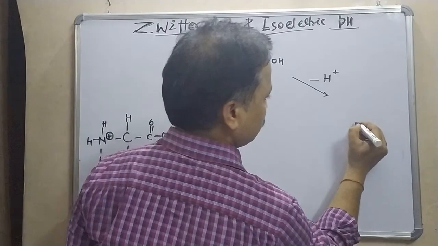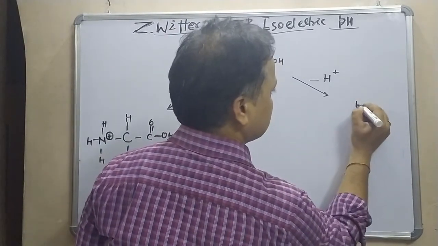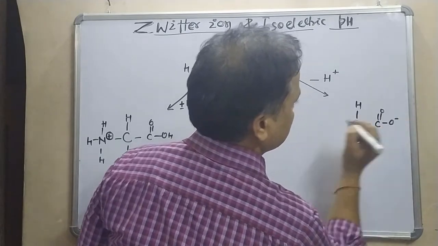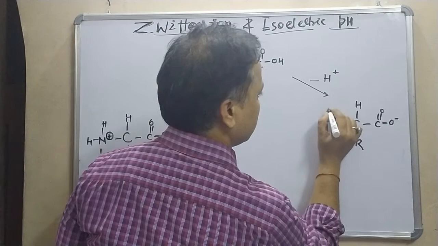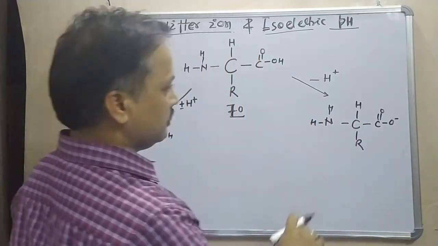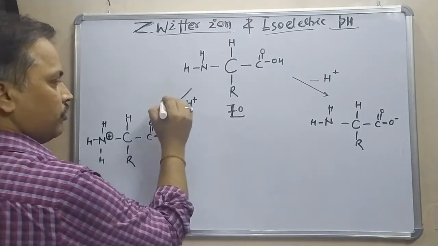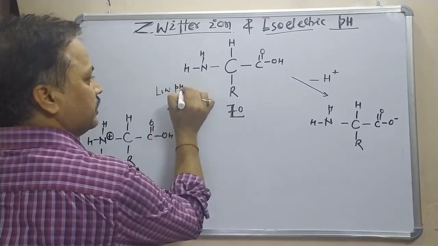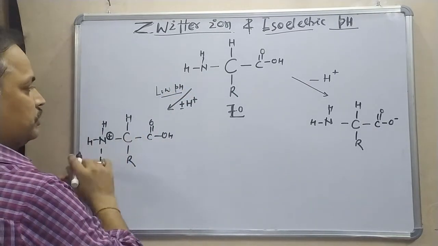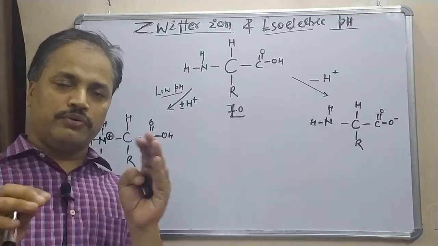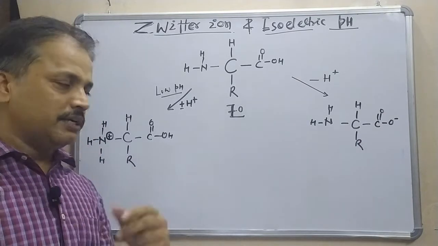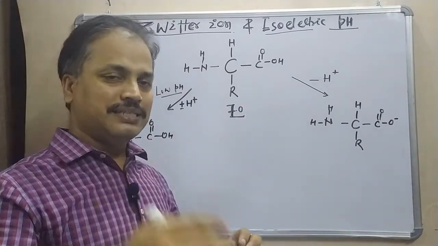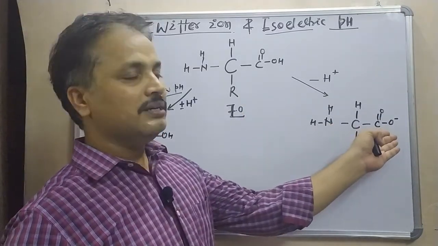So remember, when you decrease the pH towards the acidic side, the amino acid will have a positive charge. When you increase the pH towards the alkaline side, the amino acid will have a negative charge.